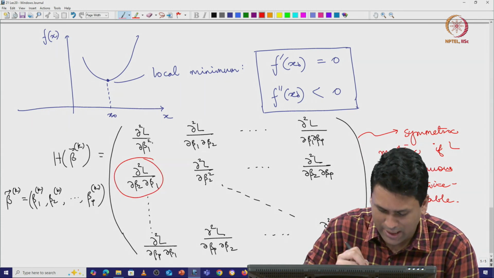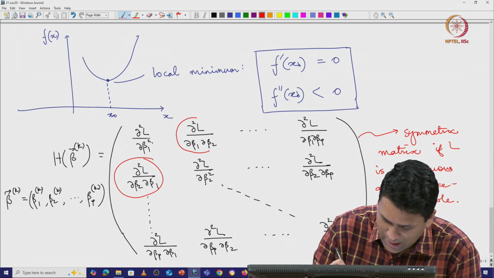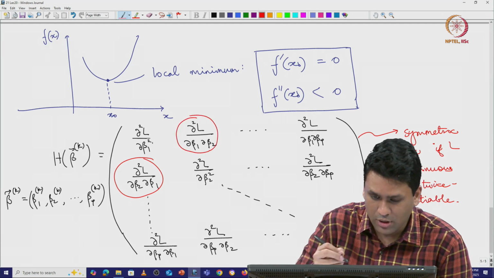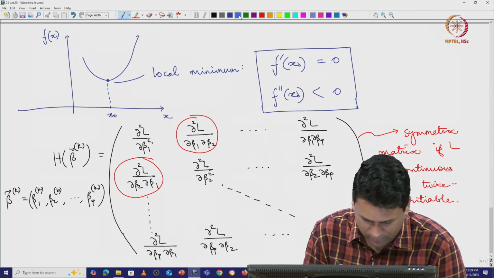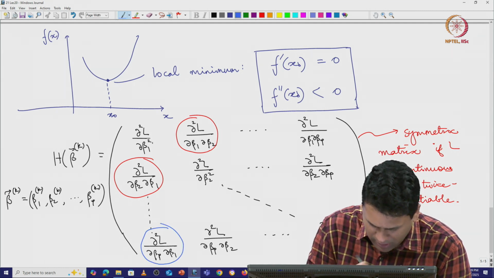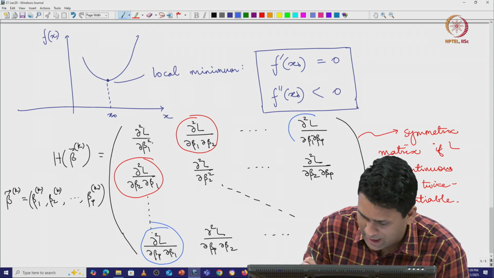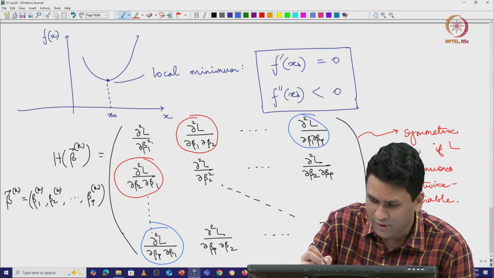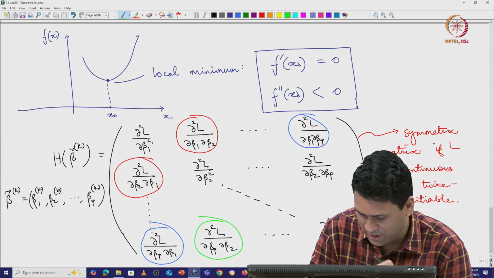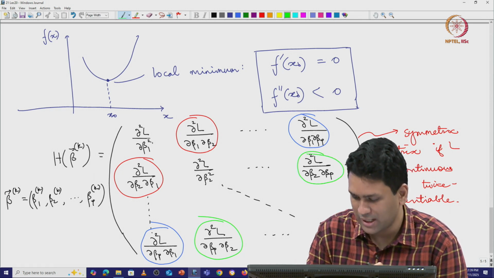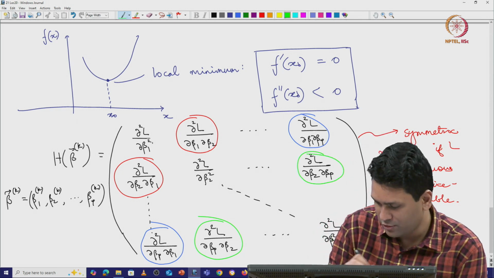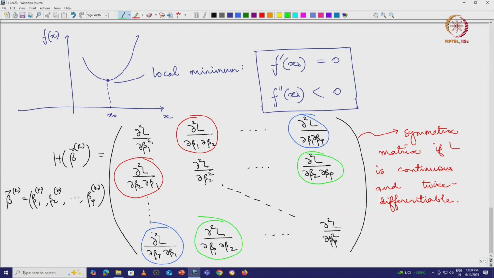Del square L del beta 2 del beta 1 will be equal to del square L del beta 1 del beta 2, and similarly del square L del beta p del beta 1 will be equal to del square L del beta 1 del beta p, and finally del square L del beta p del beta 2 will be equal to del square L del beta 2 del beta p. And of course on the diagonal you have all the second order derivatives with respect to one of the parameters. So I hope you can understand why this is a symmetric matrix. These terms are all equal.